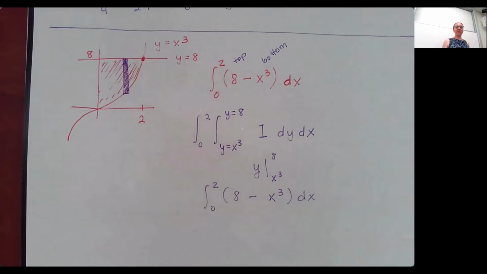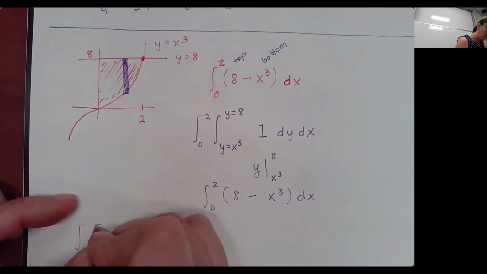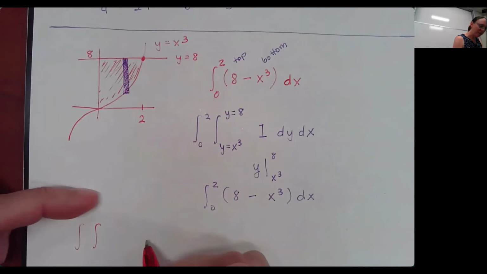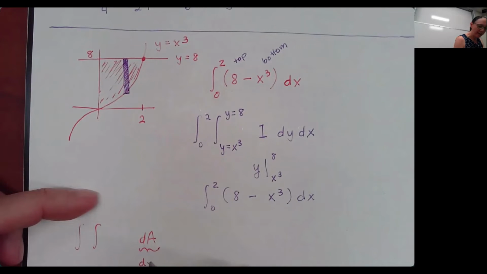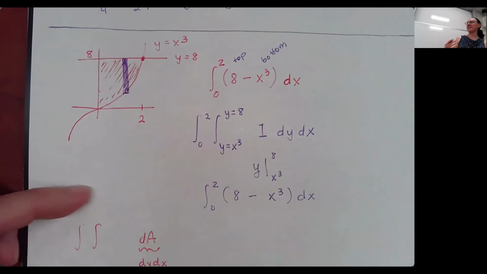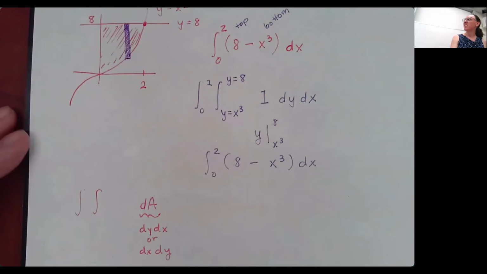So graphically, what this actually means and what we're really doing in a 3-dimensional space is when I have a double integral, and sometimes we write this just with a dA to mean either dy dx or dx dy, but we're not specifying which.